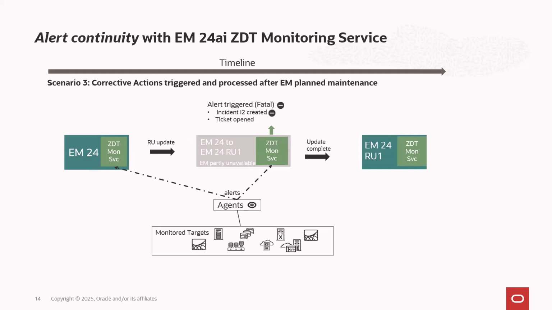Now, if there was a corrective action that was supposed to be executed for this particular alert, then assuming that alert severity is still open, at that time, the corrective action will be executed, okay? And once it's executed, that could probably result in the alert eventually being clear, resulting in the clear severity, which will then be processed by ZDT monitoring, resulting in closing of the incident as well as closing of the ticket. Okay.